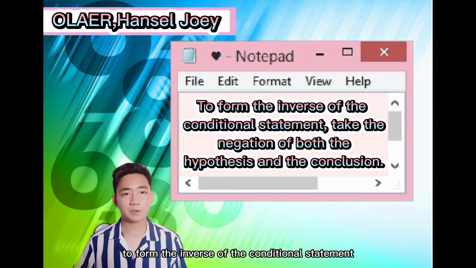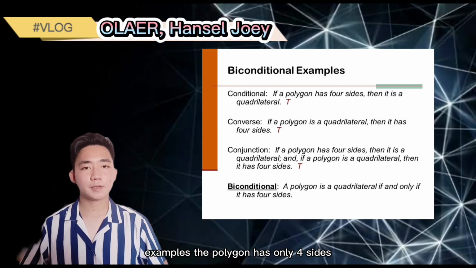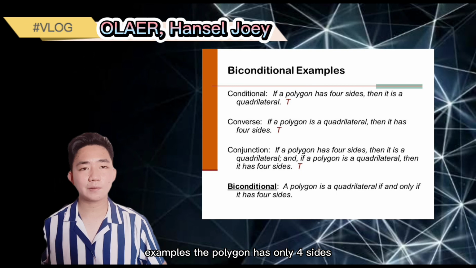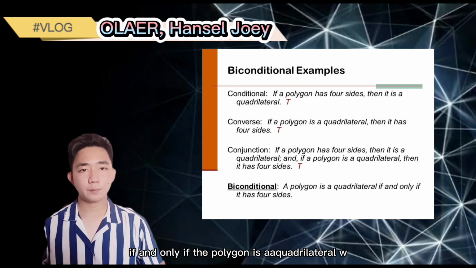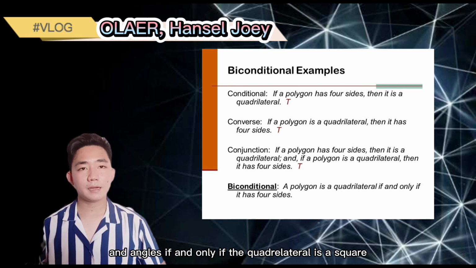To form the inverse of the conditional statement, take the negation of both the hypothesis and the conclusion. Biconditional statement examples: the polygon has only 4 sides if and only if the polygon is a quadrilateral. The polygon is a quadrilateral if and only if the polygon has only 4 sides. The quadrilateral has 4 congruent sides and angles if and only if the quadrilateral is a square.